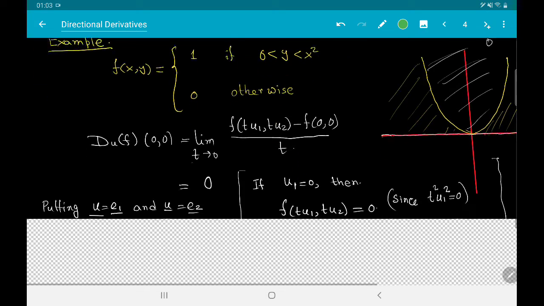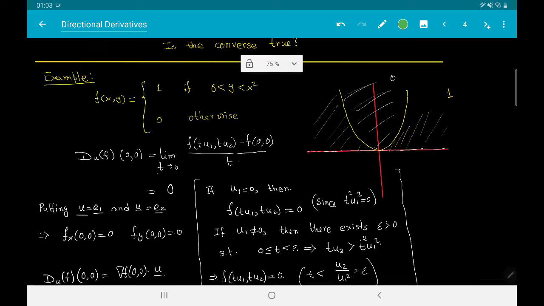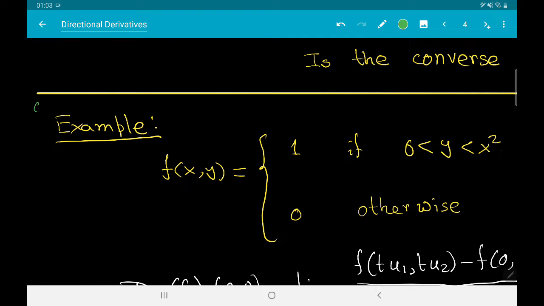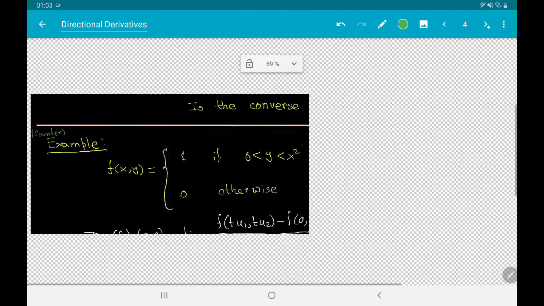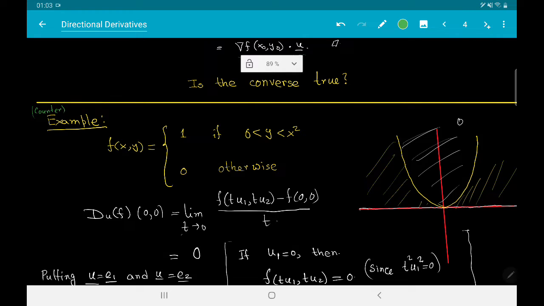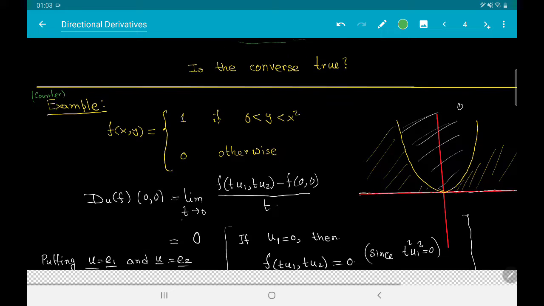And here is an example, or strictly speaking, here is a counterexample, as we often say in mathematics. So what is the function? This function, as you may have already guessed, will not be very simple, but let me explain this to you.